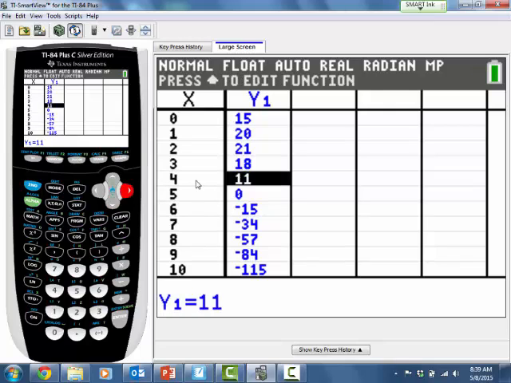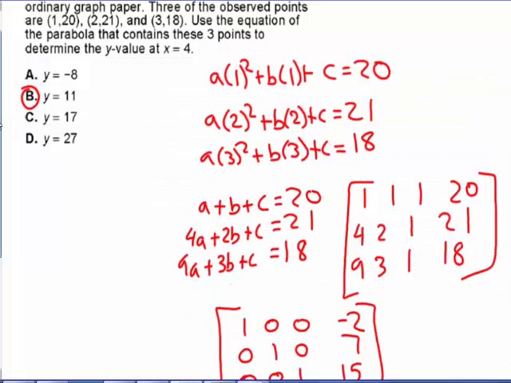When x is 4, y is 11. So our answer would be B.